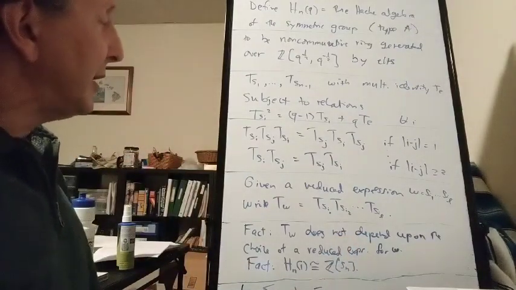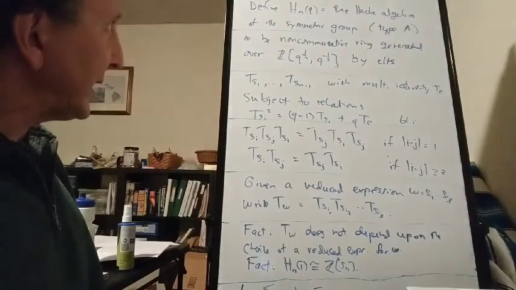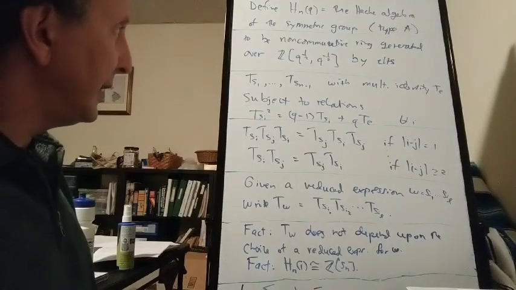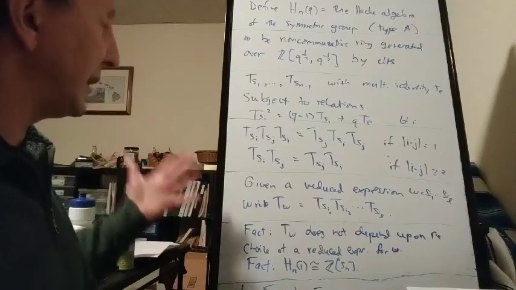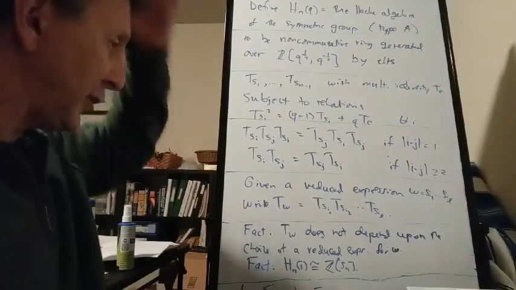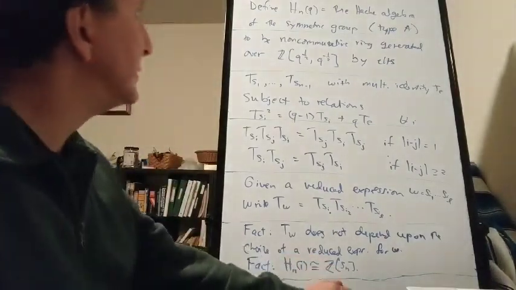So that means that every equation that holds in the Hecke algebra, if we specialize it at q equals 1, we get a valid equation in the symmetric group algebra.